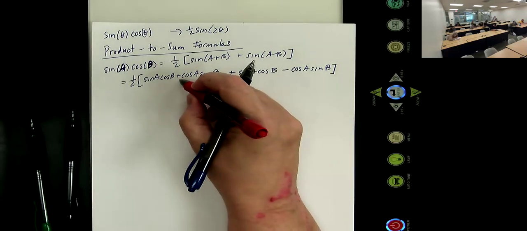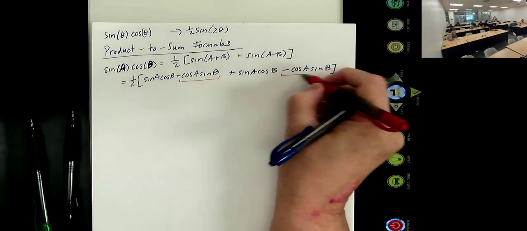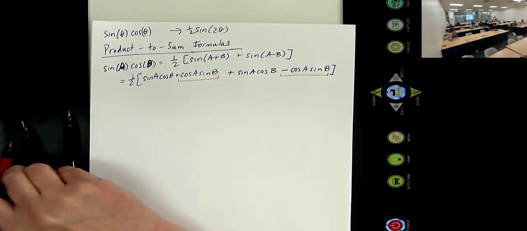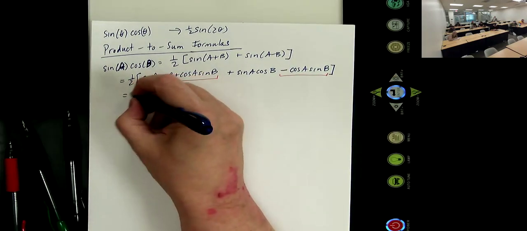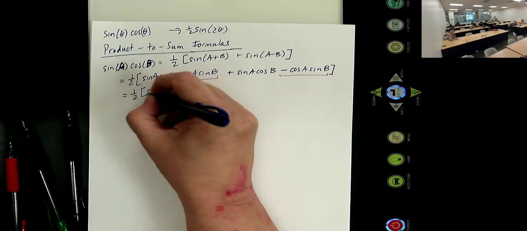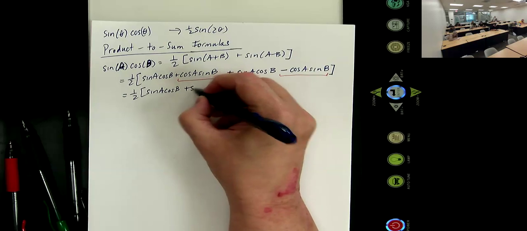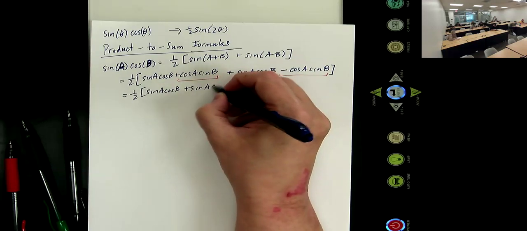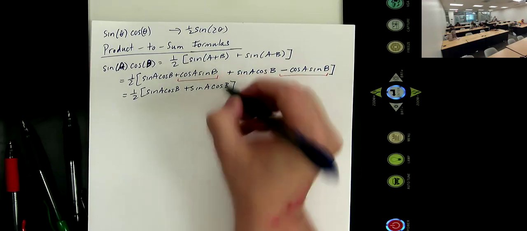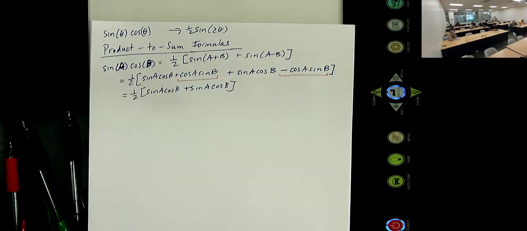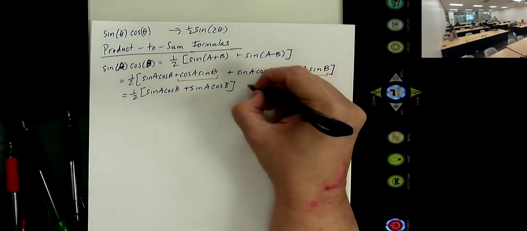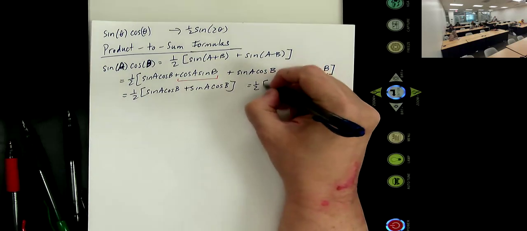And you'll see we have the positive version of that and the negative version of that, those will cancel. And we will get 1/2 of sine A cosine B plus sine A cosine B, which is 1/2 times 2 of them.